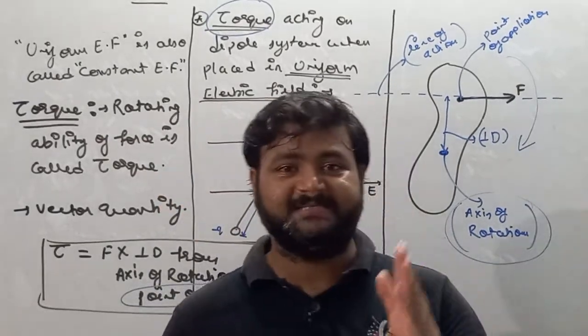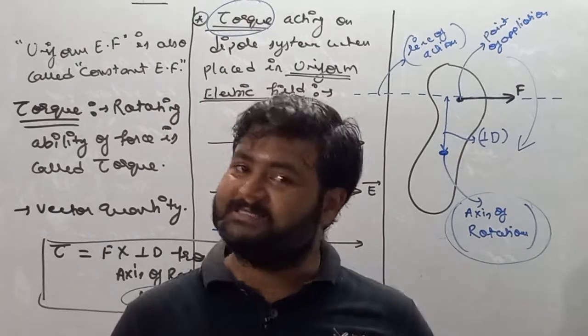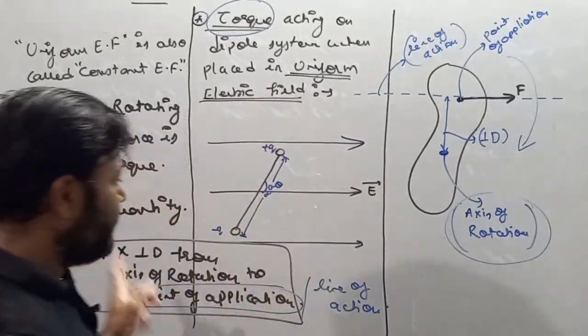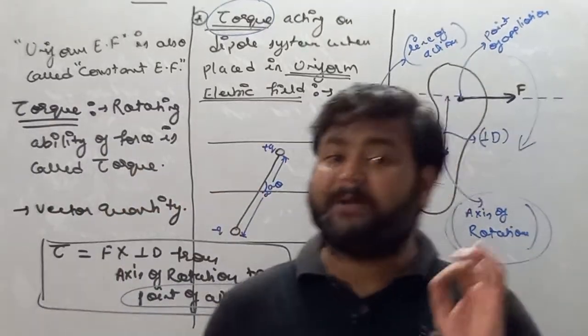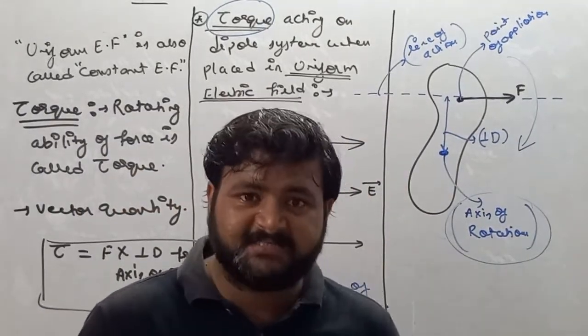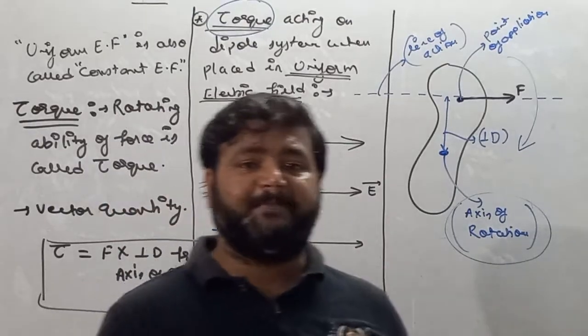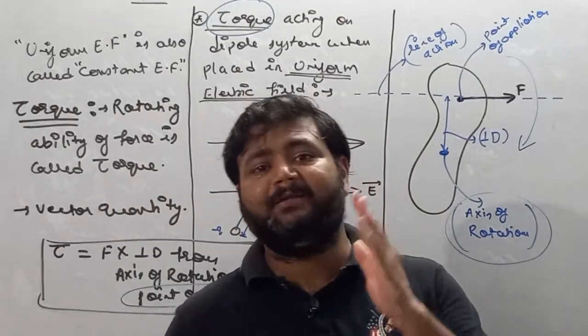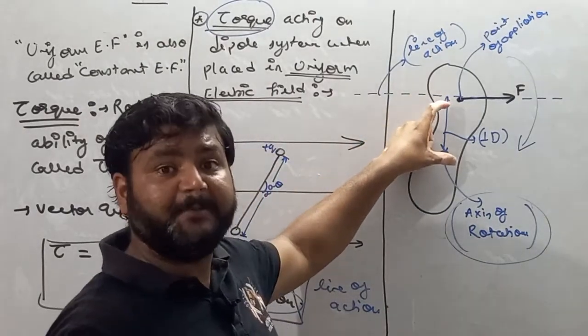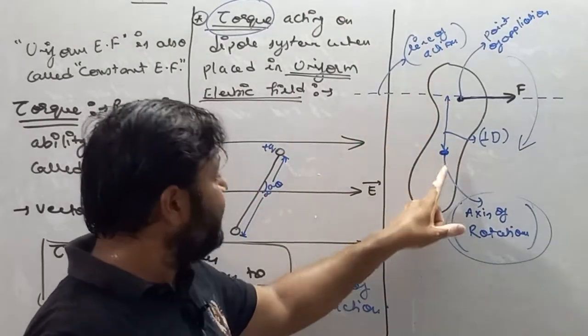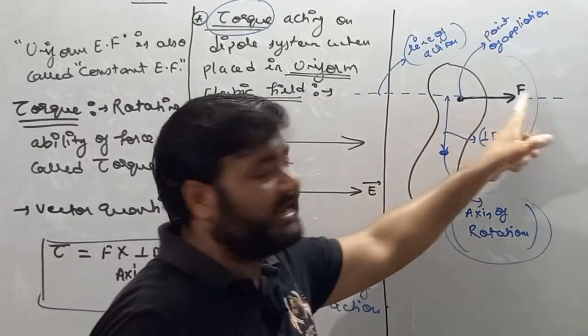In that case, we will say torque is equal to 0. And remember the formula, this concept is very important. Torque is force into perpendicular distance from axis of rotation to point of application, or line of action. Remember, perpendicular distance from axis of rotation to line of action.